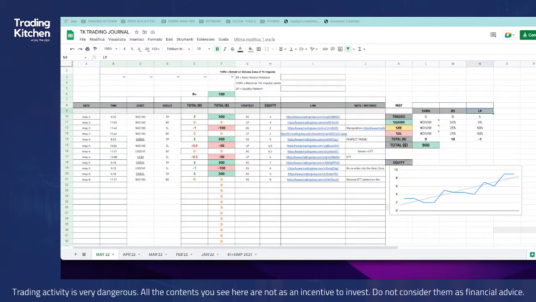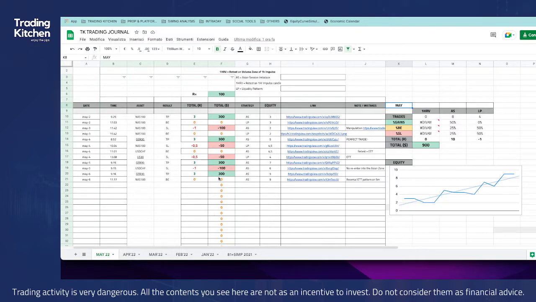So we're talking about the LP strategy, which is this one that is not performing so good during this month. This is my trading journal that I keep updated and share in the description below and in my Discord group.